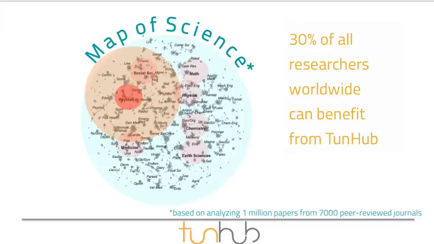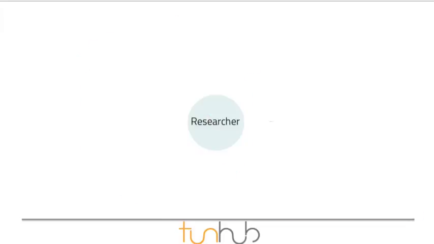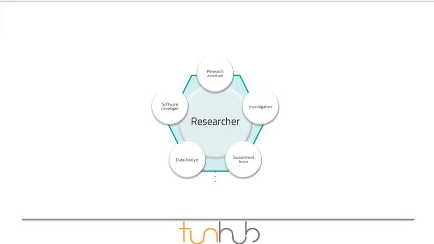So let's dive into how Tanup was constructed. Most people think that we researchers are sitting in a lab alone and doing research by thinking in a rocking chair, but that's not the case. We are surrounded by a lot of people. For example, we have research assistants, we have investigators, we have a department team, like an administrational team, we have data analysis, we have software developers, and because we're conducting research on people, we also have to communicate with our participant pool.